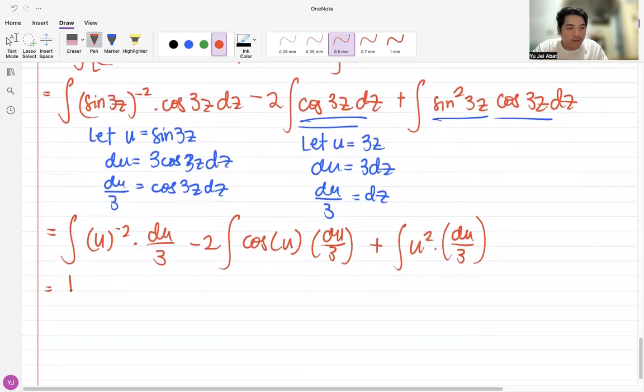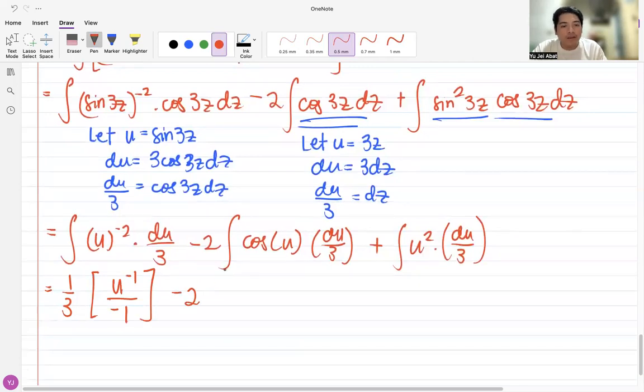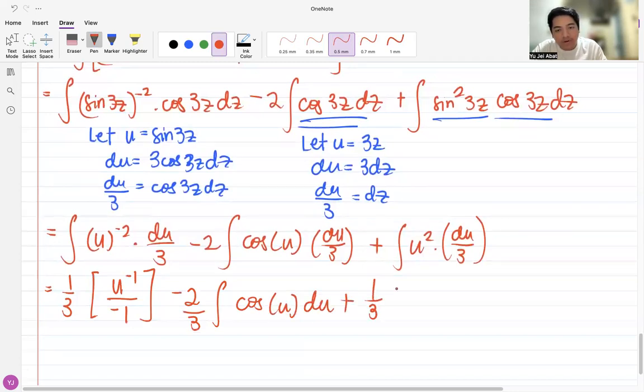Okay, so factoring out 1/3, we have u raised to -1 all over -1, we have here -2 thirds, then we have cosine of u du plus we have 1/3 integral of u squared du.